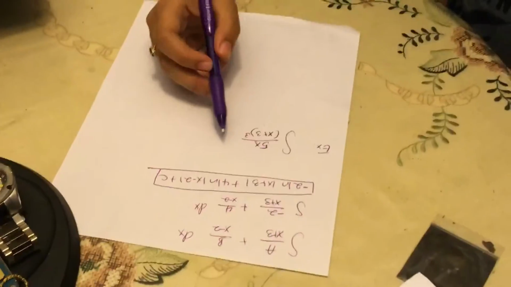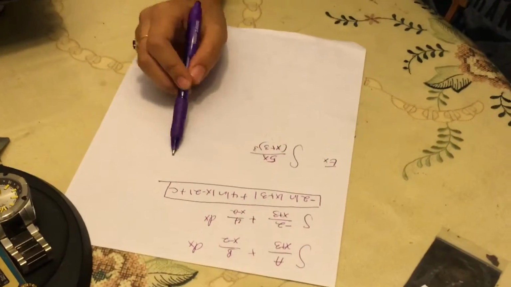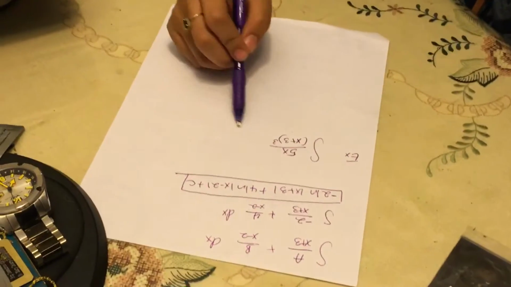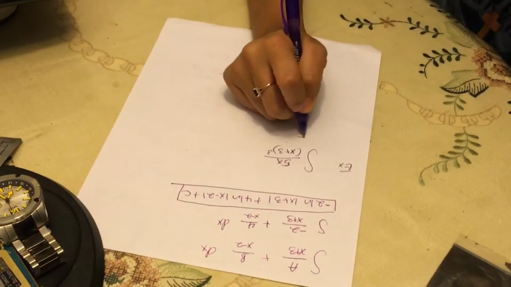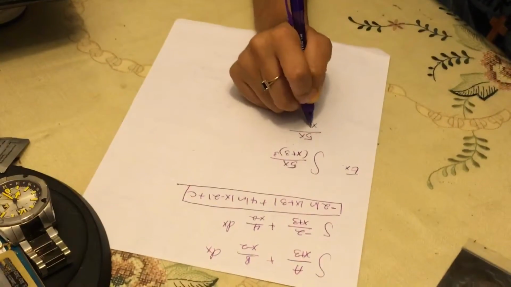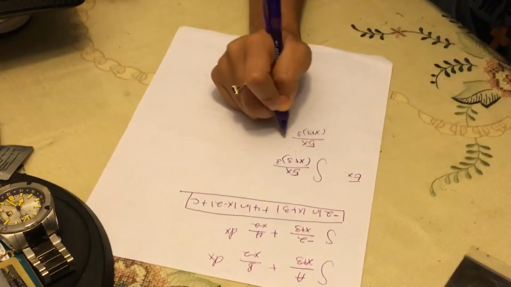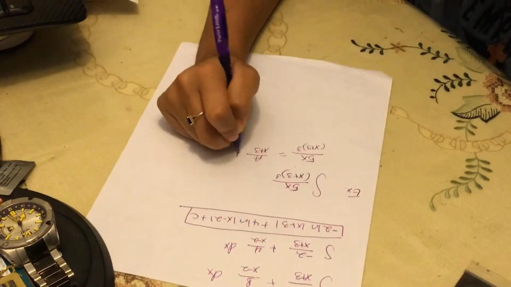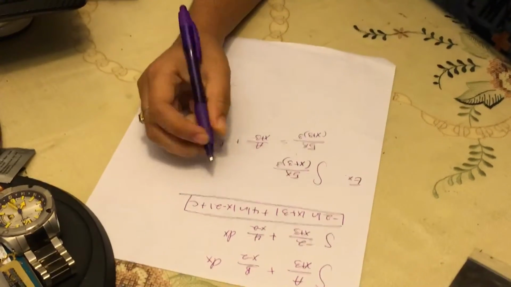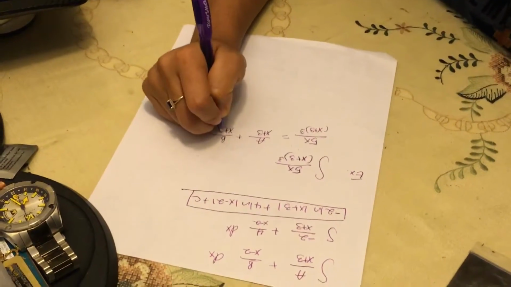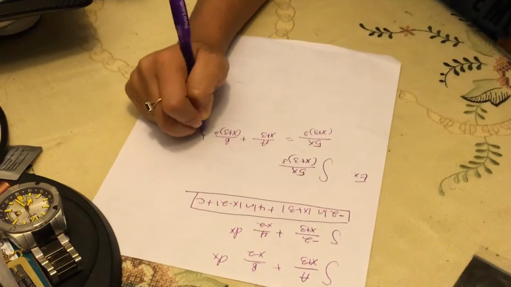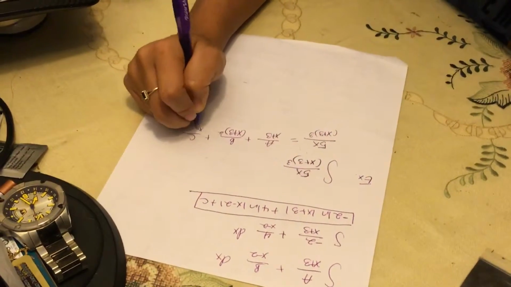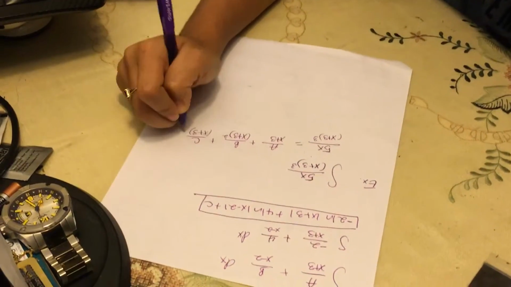So it's not going to be ax squared plus bx plus c over x plus 3 cubed. No, it's going to be 5x over x plus 3 cubed is equal to a over x plus 3 plus b over x plus 3 squared plus c over x plus 3 cubed.